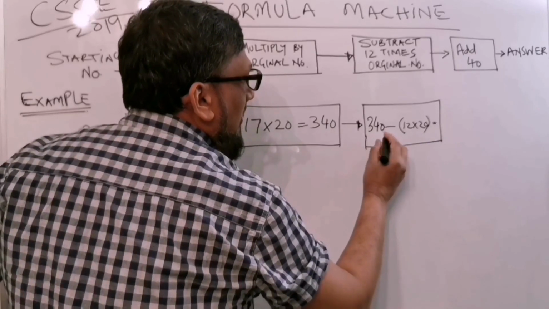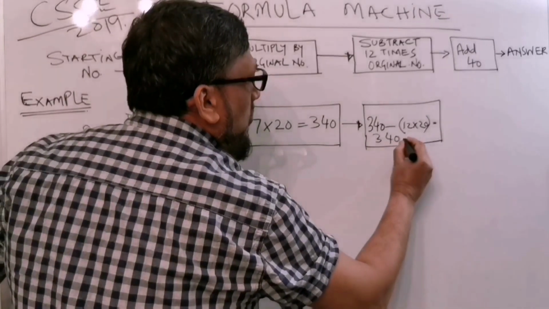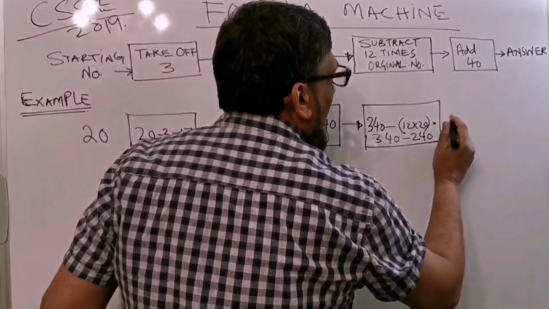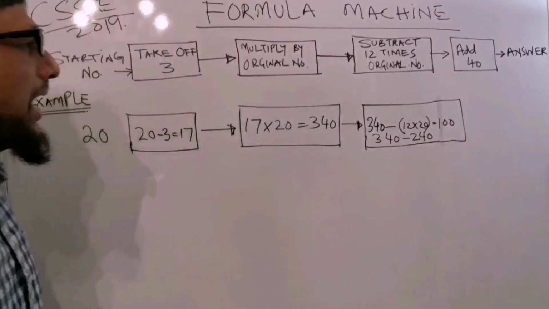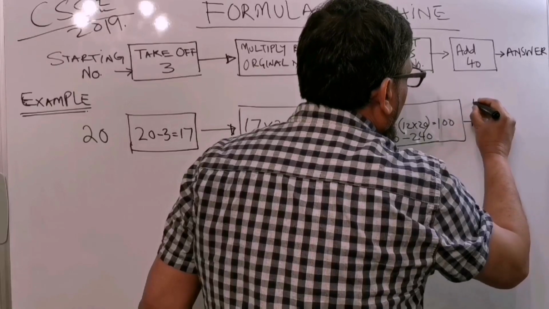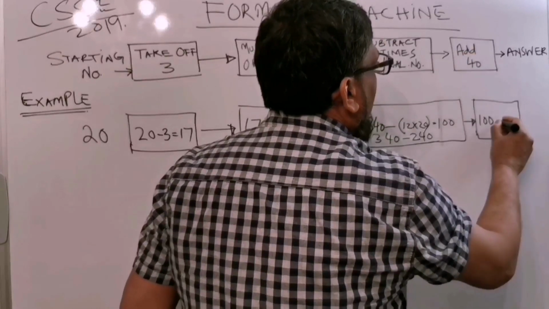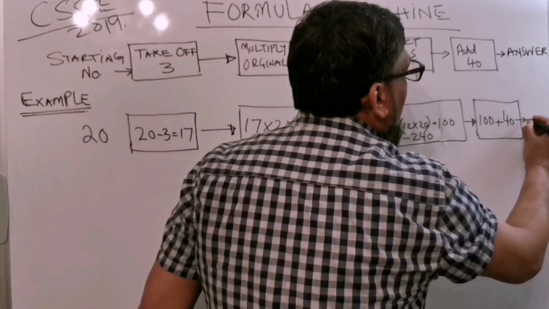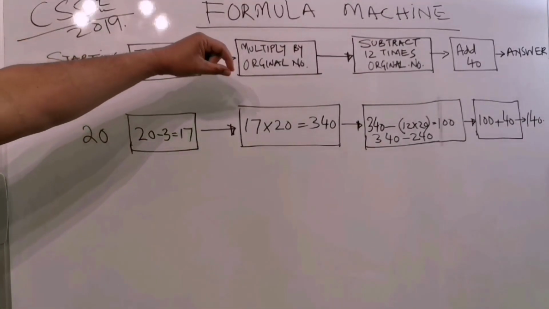So 340 minus 240 is 100. And after that it says add 40 to 100. So your final answer will be 140.